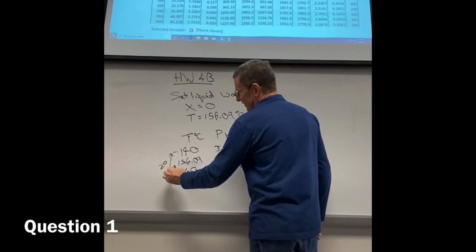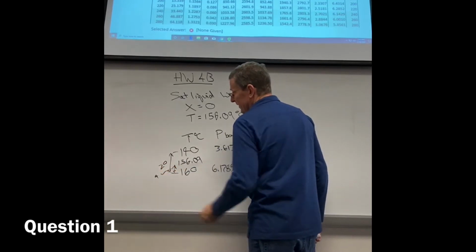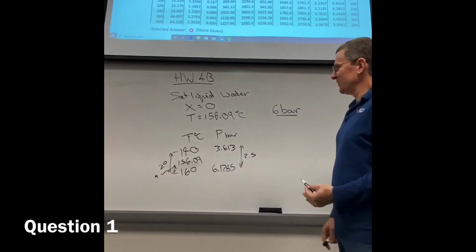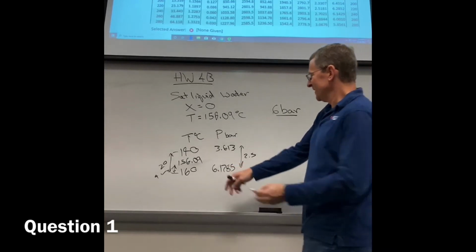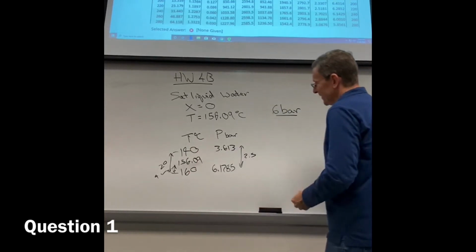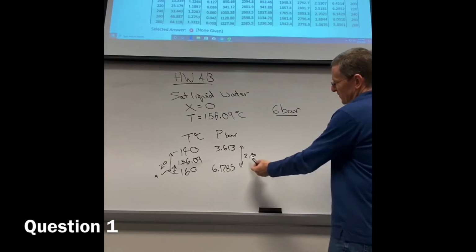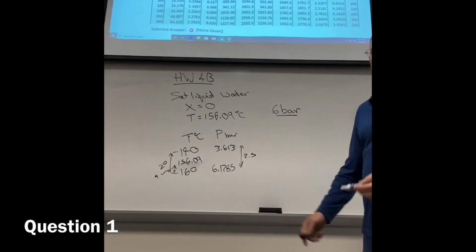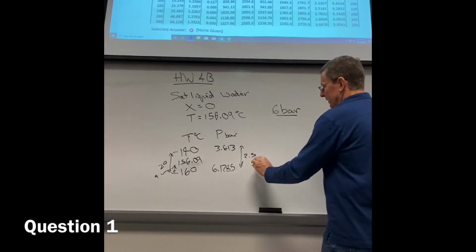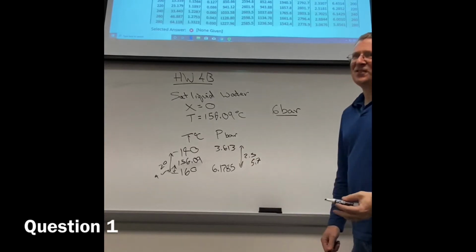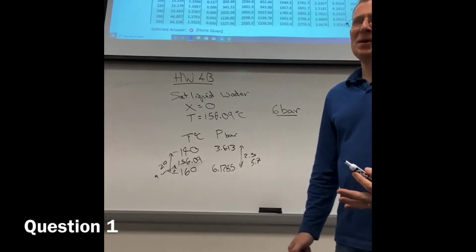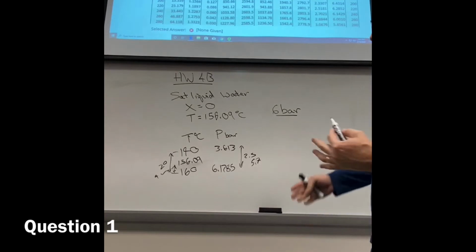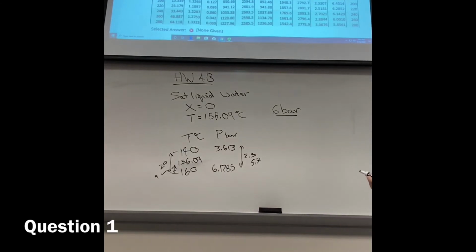So I'm about 1/5 of the way from this lower value to the upper value. So 1/5 of that would be about 0.5. So I'm guessing it's going to be about 5.7, somewhere around there. So that's just a guess. If I end up finding it's 3.9, I probably did it wrong, right? So sometimes just visually inspecting, but generally we want a more accurate answer than that.